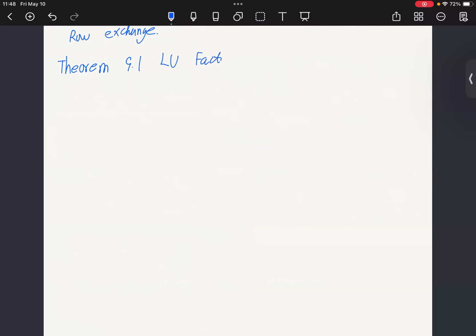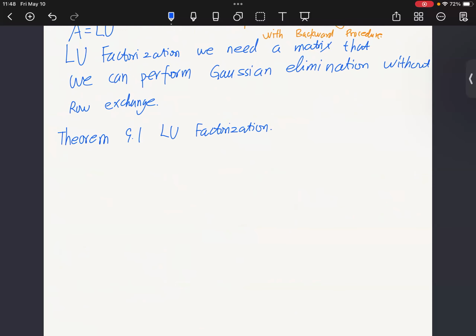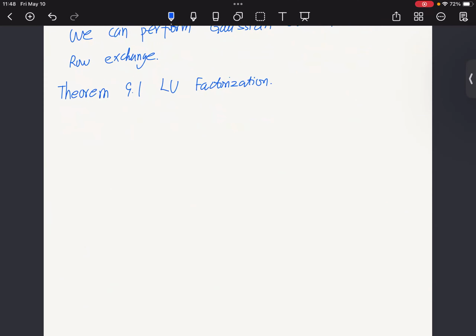It tells you when the matrix can have an LU factorization, which is equivalent to this statement: we can perform the Gaussian elimination without row exchange. But without doing the concrete detailed calculation, you cannot know it beforehand. So now I'm telling you one criterion to know beforehand that we can perform the Gaussian elimination without row exchange. Here we need the A matrix to be an M by M matrix.